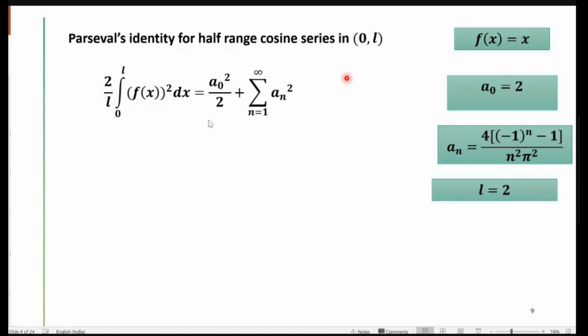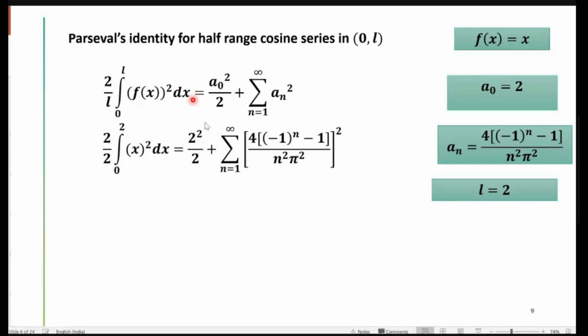So substituting everything in this Parseval's identity, तो क्या आएगा, 2 by 2, 0 to 2, x square dx, a naught square, a naught is 2, a naught square will become 4, प्लस summation a n square. So since it is a half range cosine series, bn term will not be there. तो खाली a0 रहेगा, an रहेगा, सबका स्क्वायर होगा.